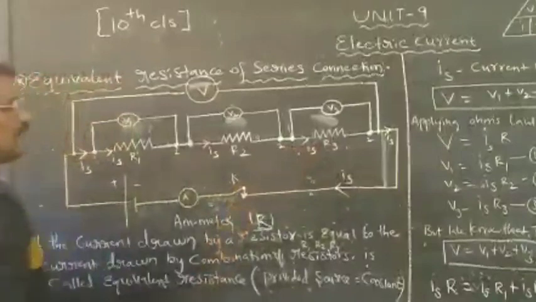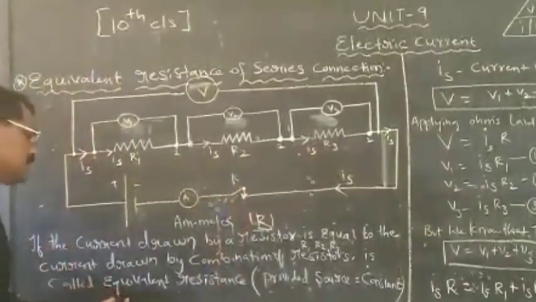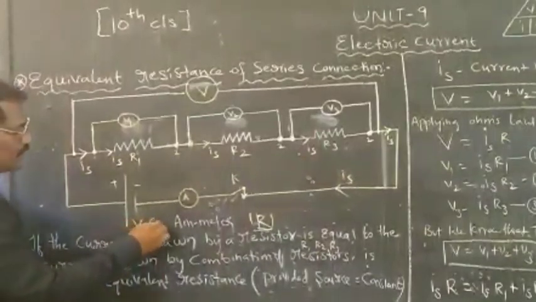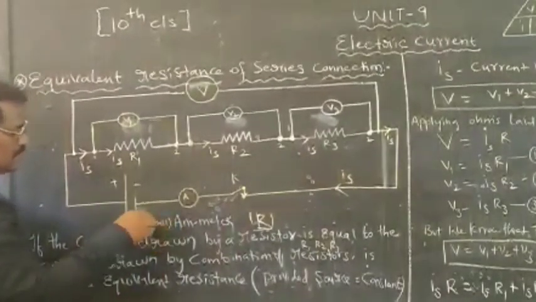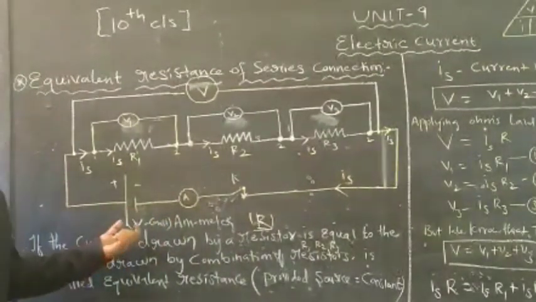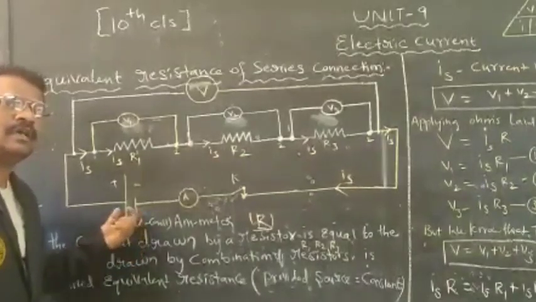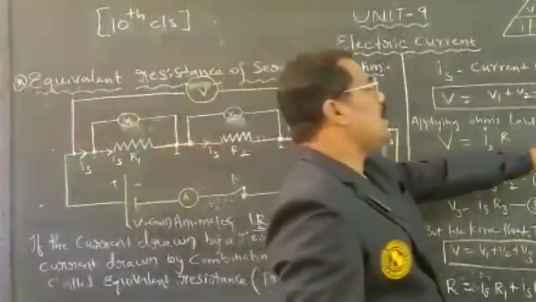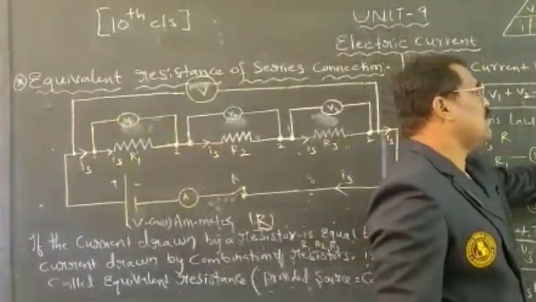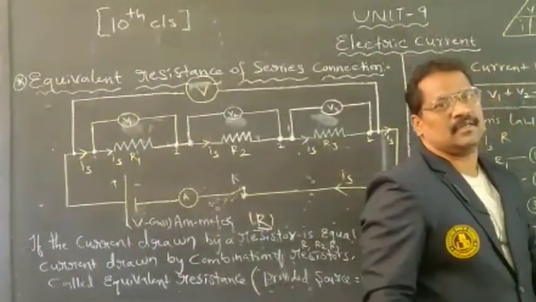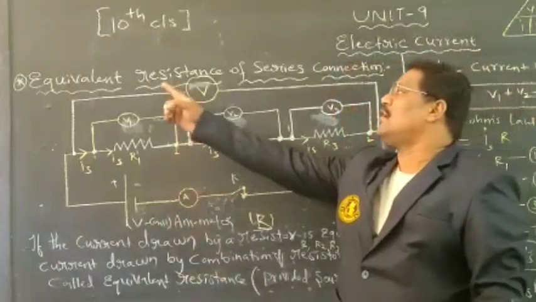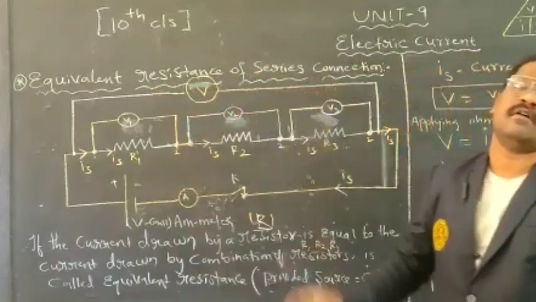That is called the equivalent resistance, where it is providing a constant potential difference. Equivalent resistance R is equal to the sum of the individual resistances, where a constant potential difference is provided.